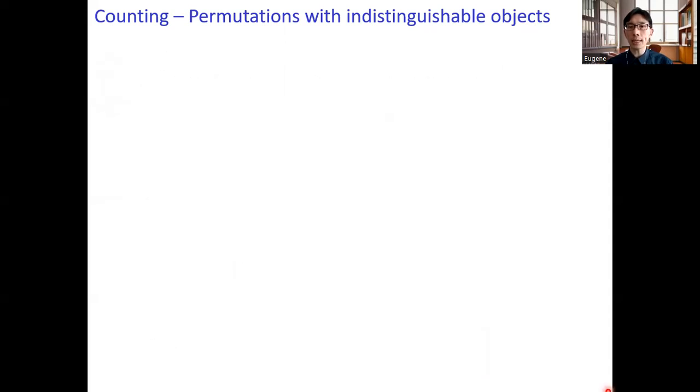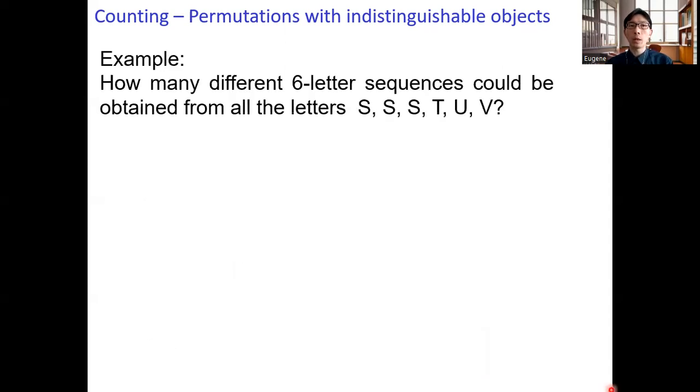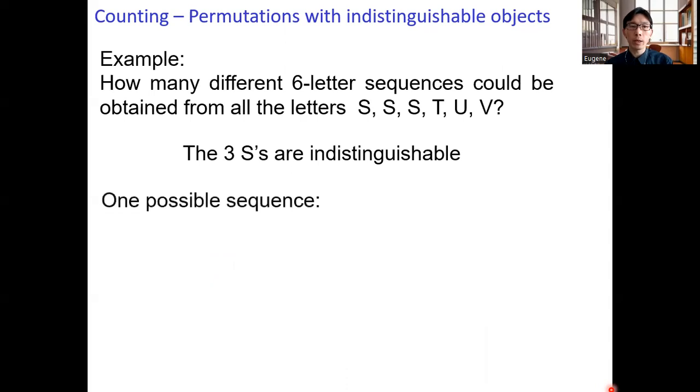Let's take a look at another example. How many different 6-letter sequences could be obtained from all the letters S, S, S, T, U, V? S occurs 3 times. The 3 S's are indistinguishable. One possible sequence can be S, U, S, S, T, V, where the 3 S's are located in positions 1, 3, and 4.